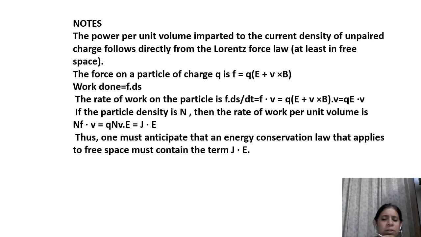So F dot V, if I replace the force F here, you will realize that because the dot product of V cross B with V will be 0, we will just be left with QE dot V. Now if the particle density, particles per unit volume, is n, then the rate of work per unit volume is nF dot v, and that can be written as J dot E. So J dot E is basically the power which is used up from the field because of the charges present.